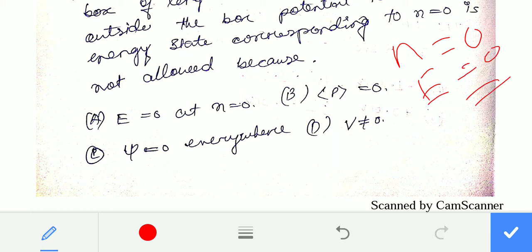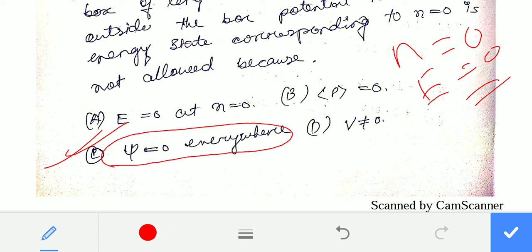This is because when n is 0, the psi also will be 0 everywhere, right? And which is actually not possible, because we are taking the particle inside the 1D box.